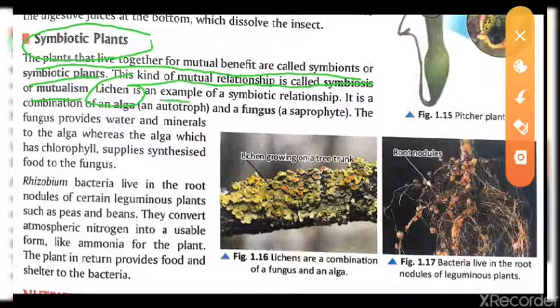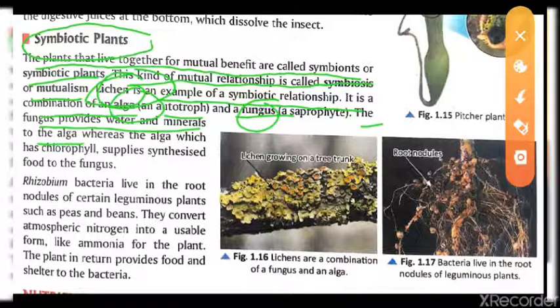Lichen is an example of symbiotic relationship. It is a combination of an alga, an autotroph, and a fungus. So alga and fungus have a mutual relationship and it is called lichen. The fungus provides water and minerals to the alga. What is the fungus doing?